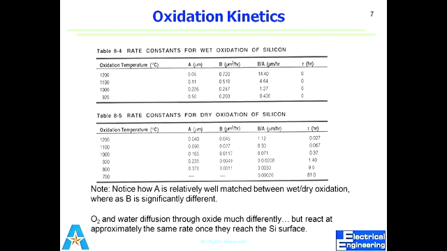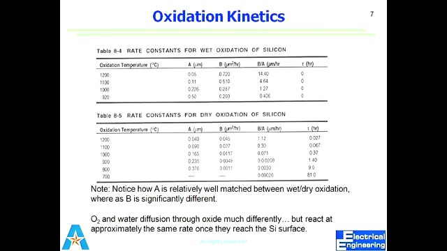Keep in mind, dry oxidation gives you a better quality of oxide layer, but it's very sluggish, very slow. Wet oxidation gives you a faster reaction rate. You can grow a thick layer of oxide in little time, but the quality of the oxide would not be as good as we can get in case of dry oxidation.